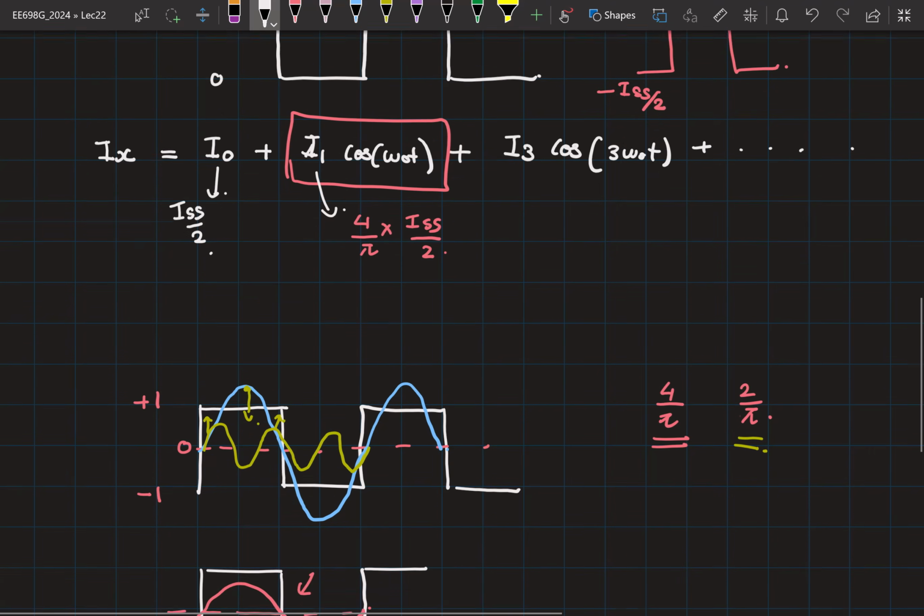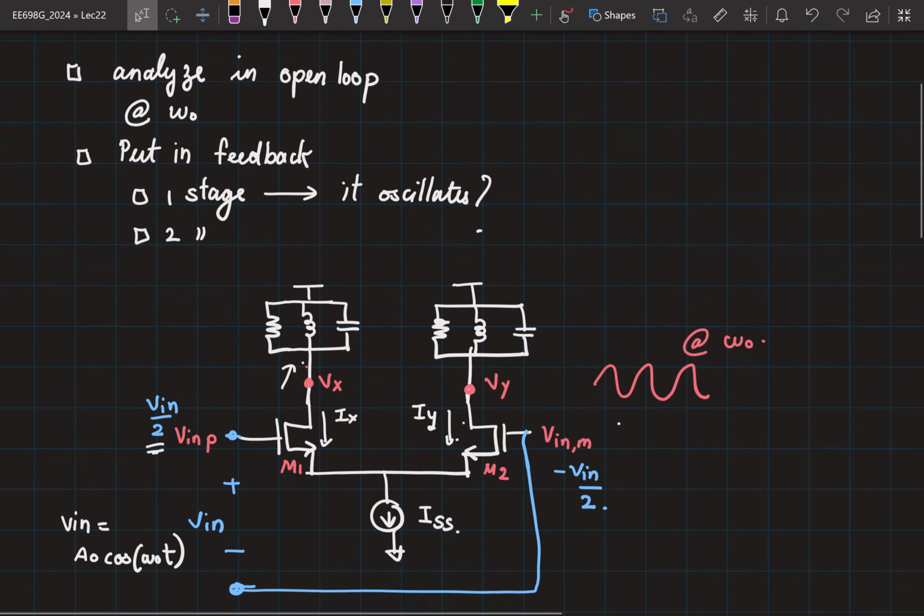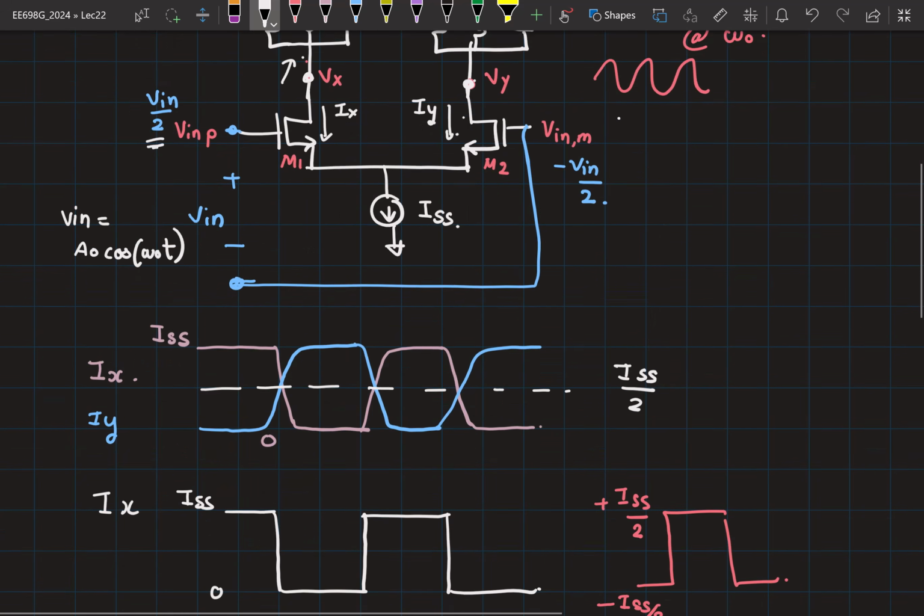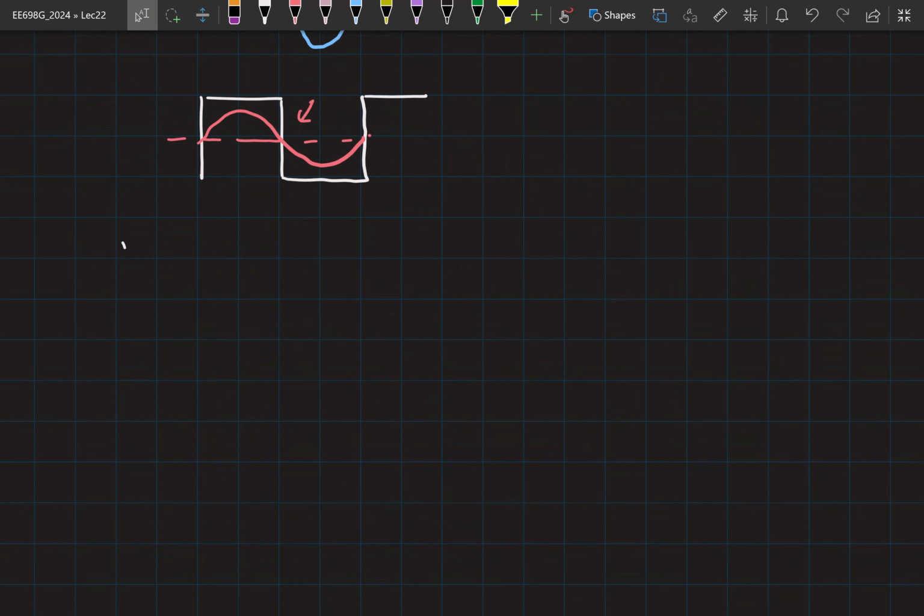Right. So then I can write the strength of the signal at Vx and Vy. At Vx, the peak value is going to be 4 by pi into ISS by 2 into Rp.